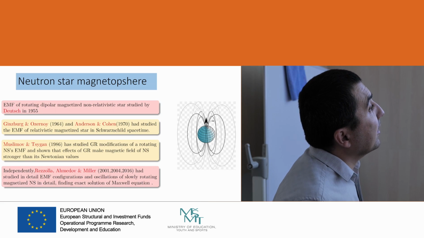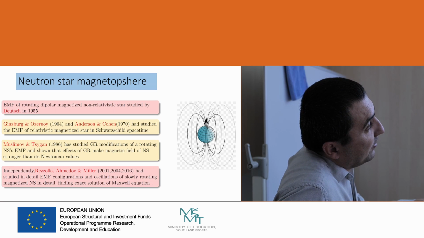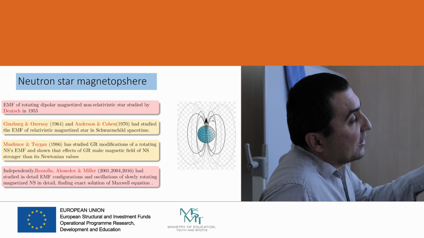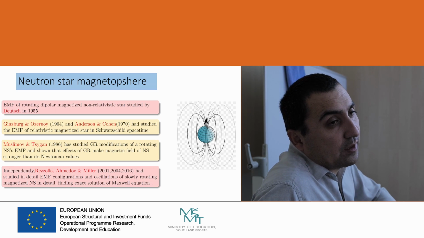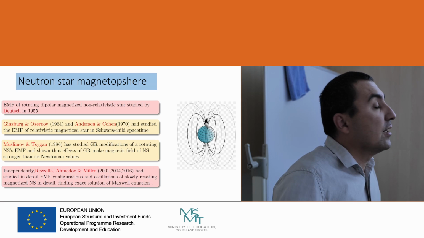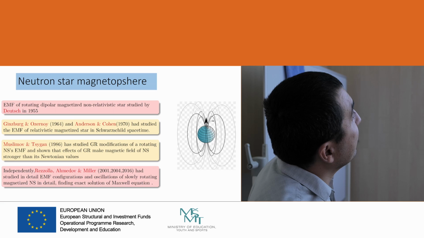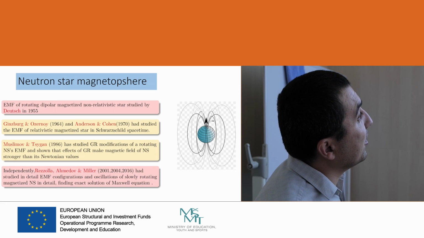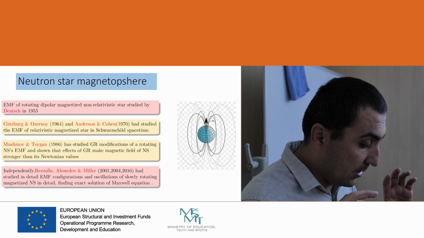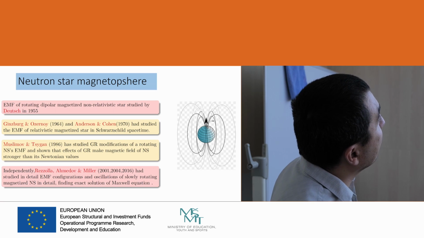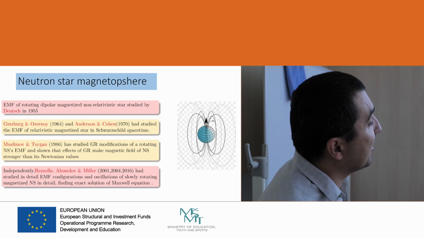So, the magnetosphere of neutron stars. The magnetosphere of neutron stars depends on the outer solution of the gravitational field, the exterior solution of the gravitational field effect. For the first time, the Maxwell equations were solved in the Newtonian frame for a rotating dipolar magnetized non-relativistic star.